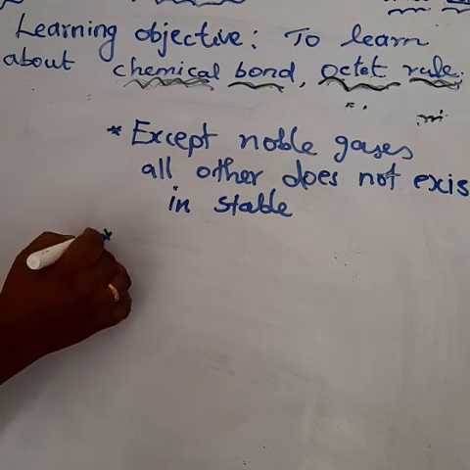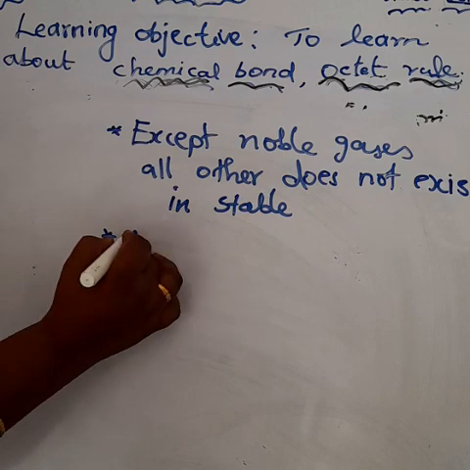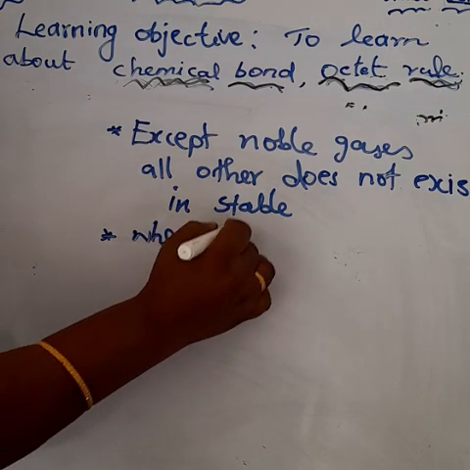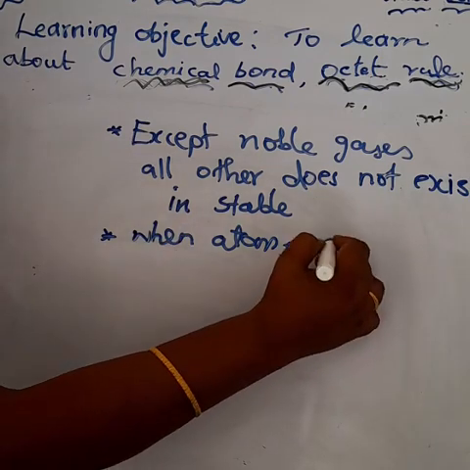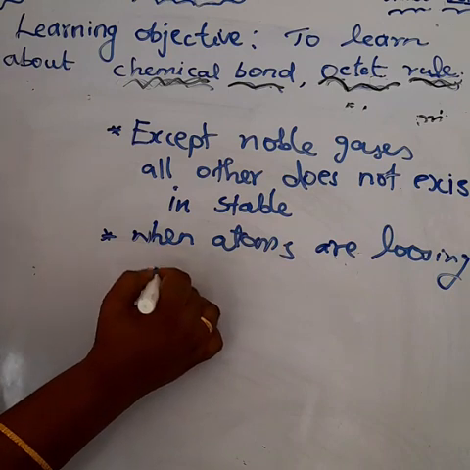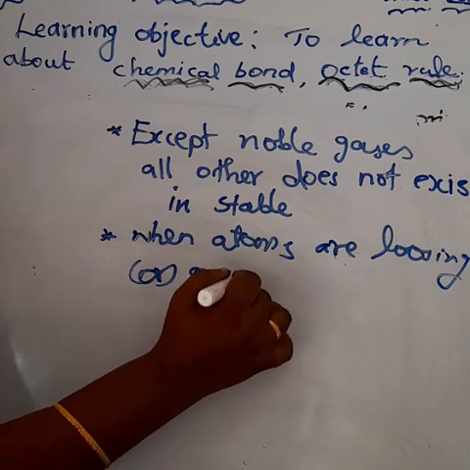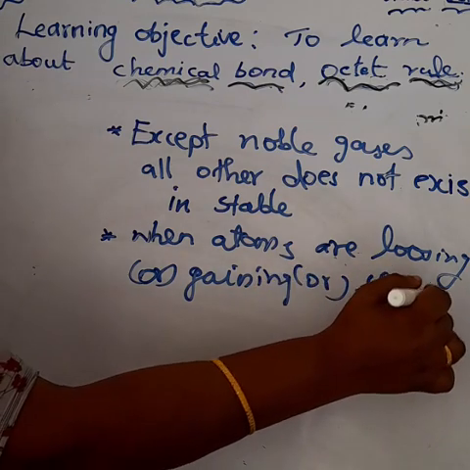So they try to become stable by losing, gaining, or sharing electrons.